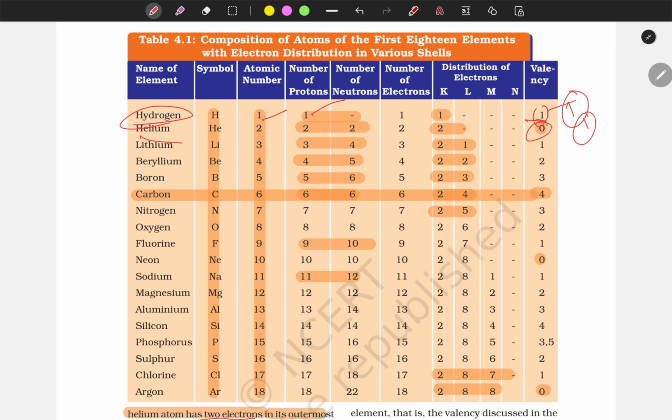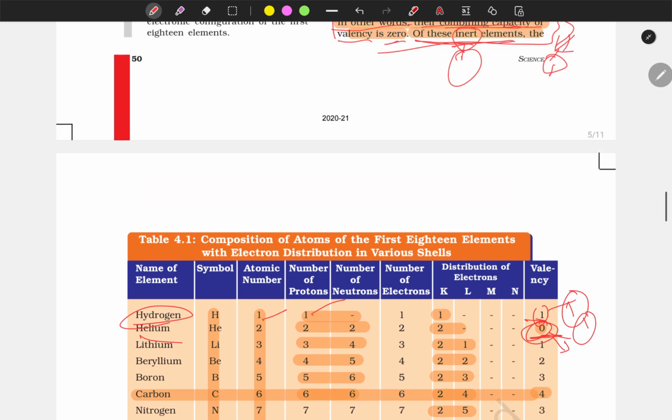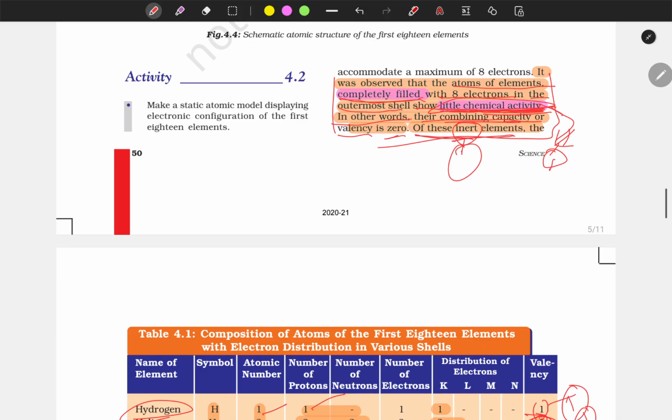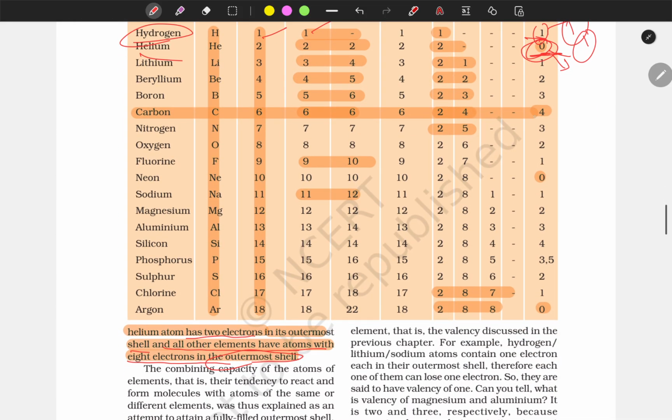Helium's outermost orbit is completely filled, so it is mostly neutral and hardly shows chemical activity. Carbon has valency 4, and neon doesn't have any valency, which means it is also inert and will not show much chemical activity.